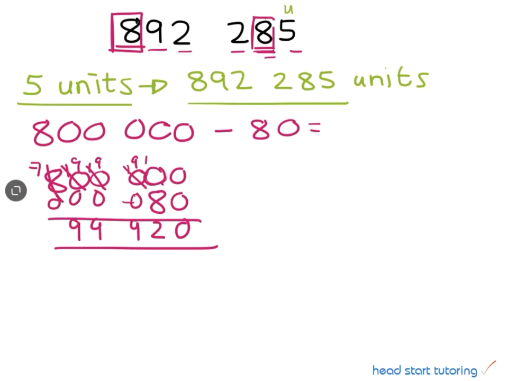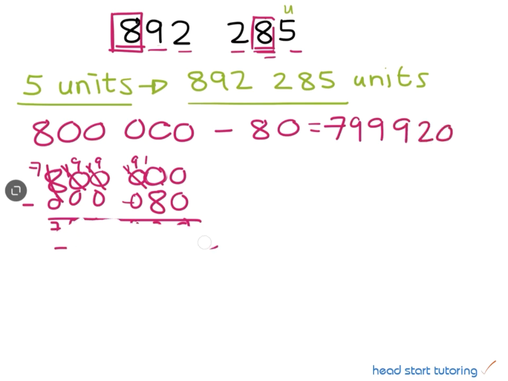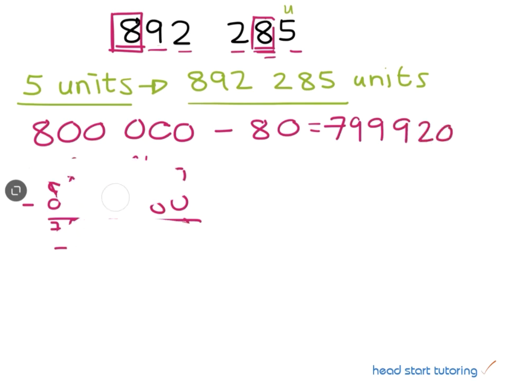And then we've got 7, because we were minusing. So our answer here would be 799,920.